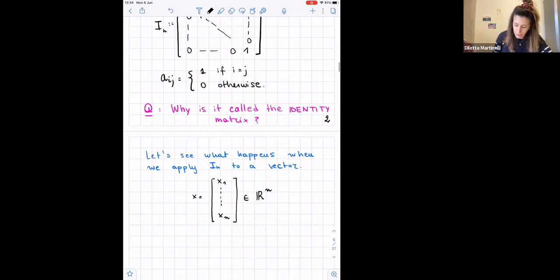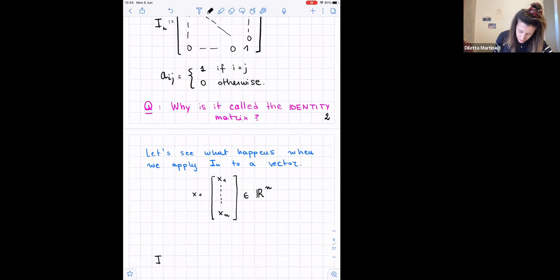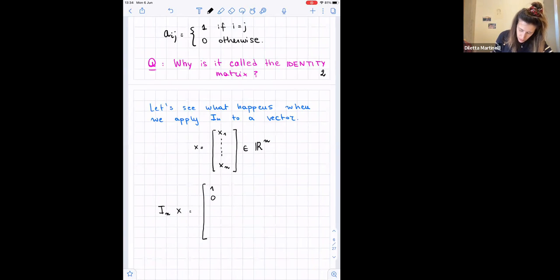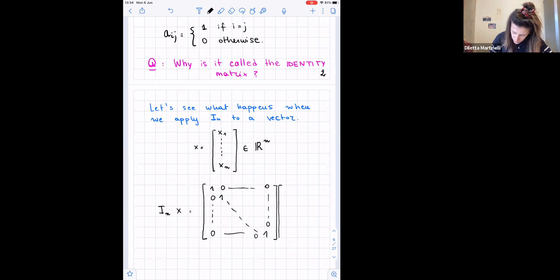And we want to apply the identity matrix to x. The identity matrix has 1 along the diagonal and 0 otherwise.